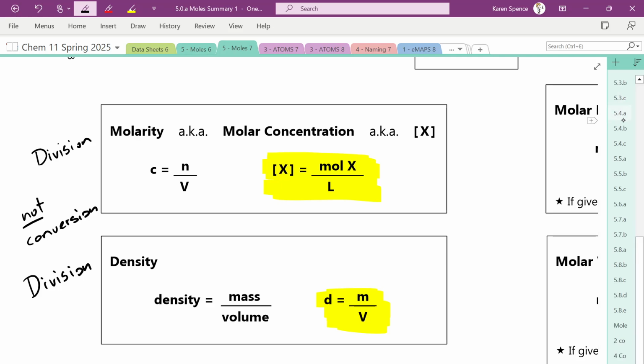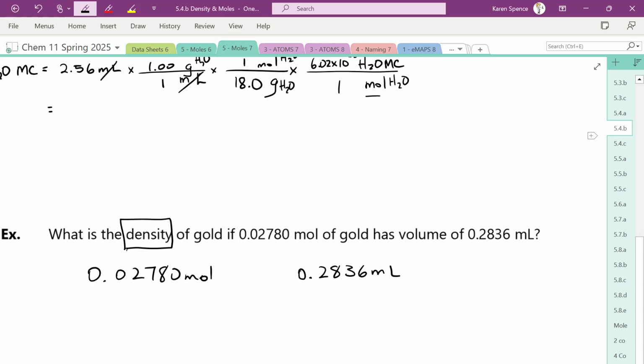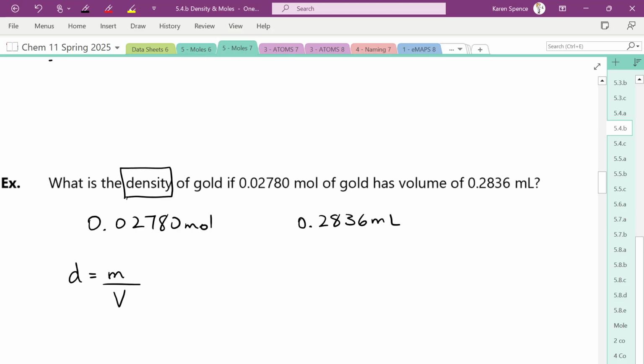So, going back here, density is equal to the mass divided by the volume. Do we have the volume? Yes. We know that the volume is 0.2836 milliliters. Do we know the mass? No. Could we find the mass?